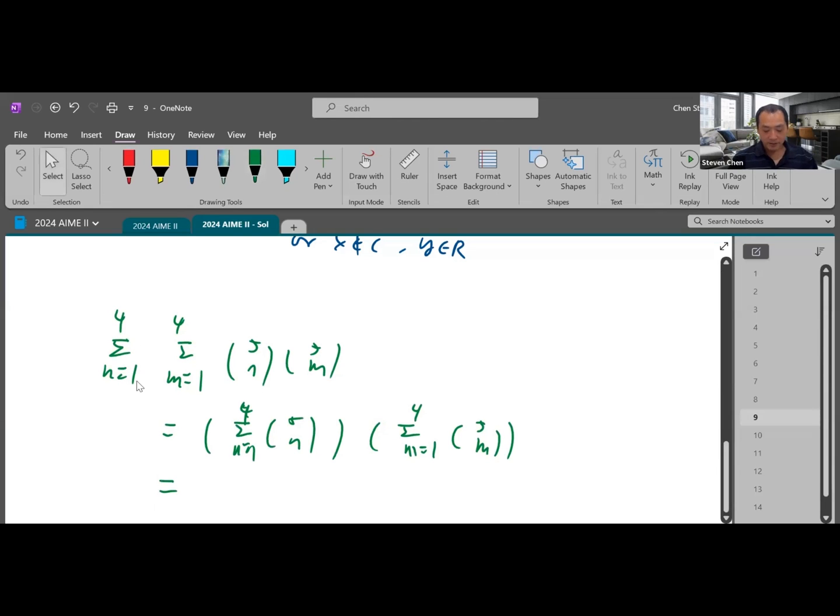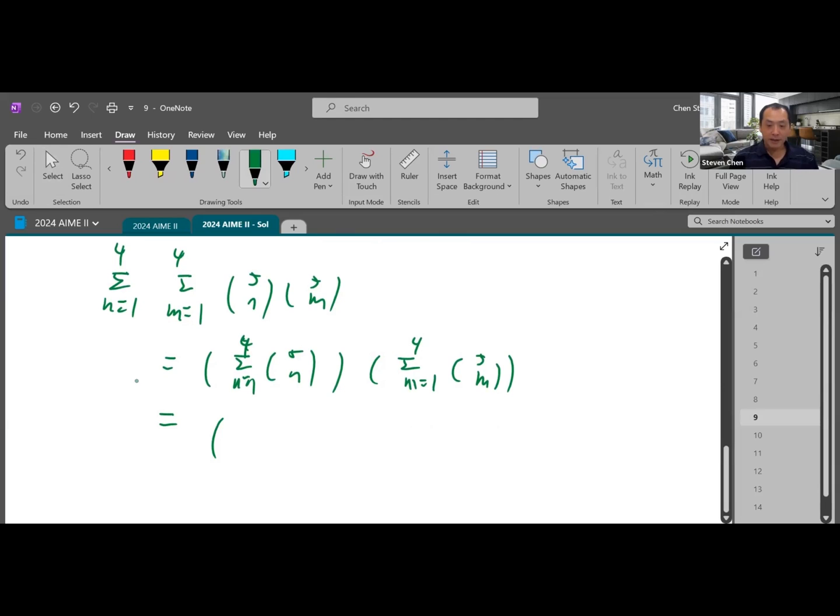For each summation, coming from the binomial theorem, it is equal to 2 to the power 5 minus the cases where N is equal to 0 and N is equal to 5. So minus 2, it's 30. 30 squared is 900.